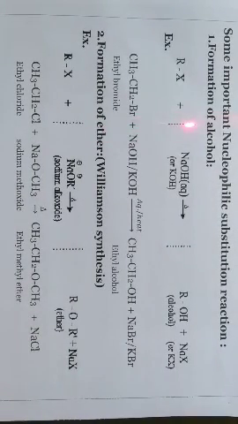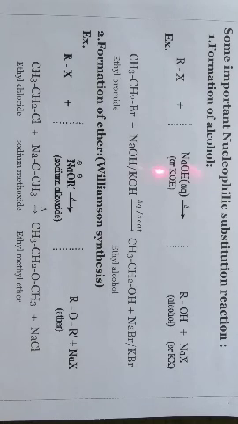First, that is the formation of alcohol. General reaction: RX reacts with NaOH or KOH to give ROH plus NaX. NaOH or KOH is written as aqueous. Remember, this reagent NaOH or KOH is in two forms, aqueous and alcoholic. They have two different products.